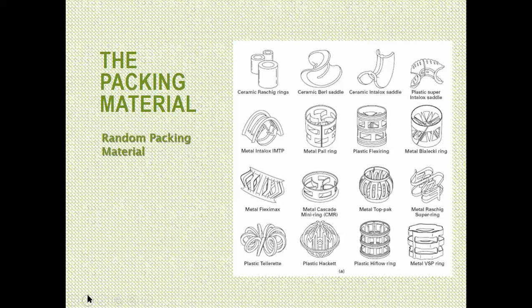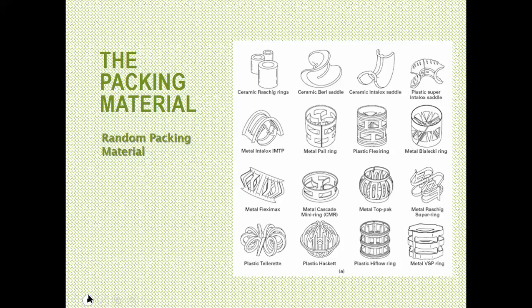Now, your pack tower has inside what we call packing materials, and these are examples of the different types of packing material. The purpose is to ensure that there will be intimate contact between the solvent and your feed gas. That way, the solvent is able to recover the content in the gas mixture that needs to be recovered.